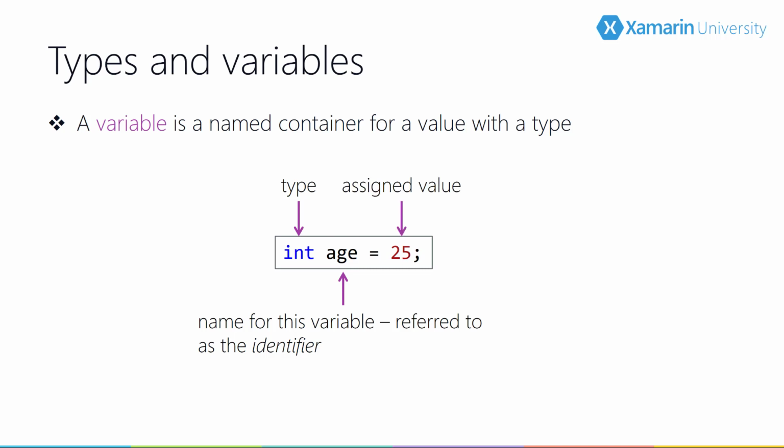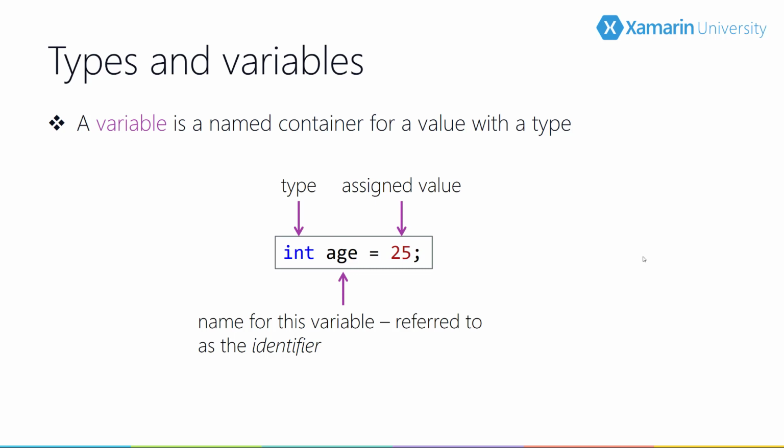The value is what's going to be dumped into that variable. And the thing that is assigning it is what we call the assignment operator. That's that equal sign. You can think of the assignment operator as saying whatever is on the right-hand side is going to be put into whatever's on the left-hand side. So the value 25 is going to be stored into the variable called age.